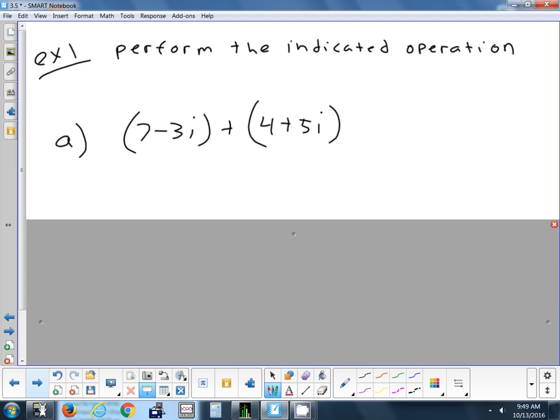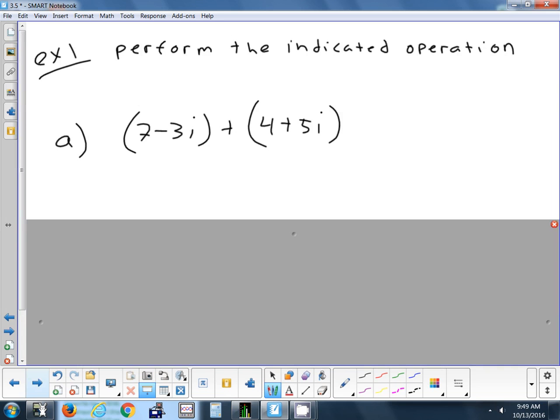Okay, so now we'll go through one example of add, subtract, multiply, divide, and then we can get to really the pre-calculus stuff. Okay, when you're adding, you basically combine like terms. You're allowed to add real parts to real parts, and imaginary parts to imaginary parts. Right? So what's the real part in the first set of parentheses? 7. How about in the second set? 4.